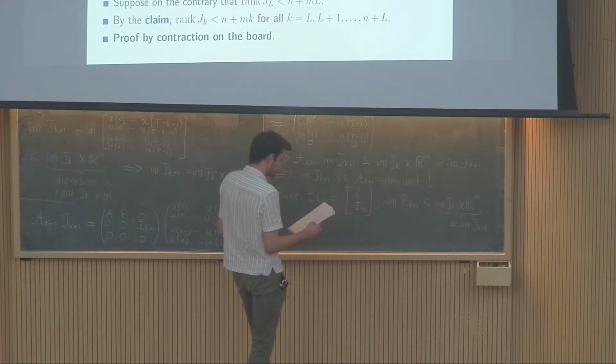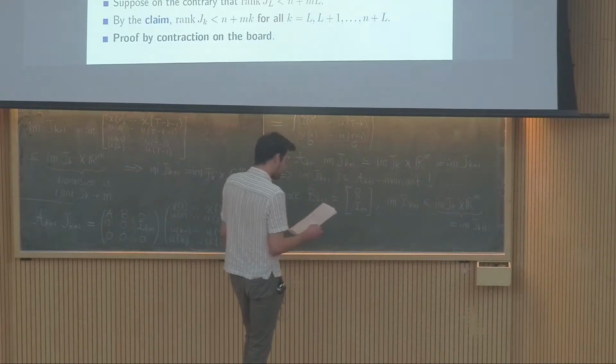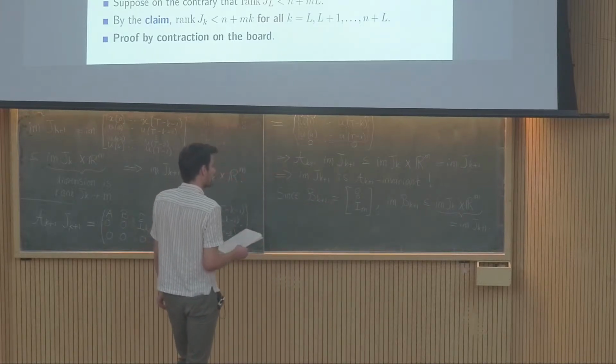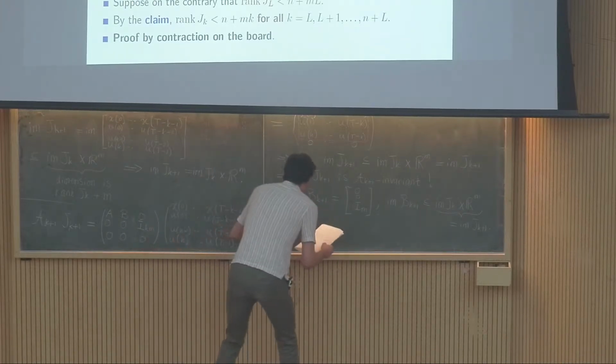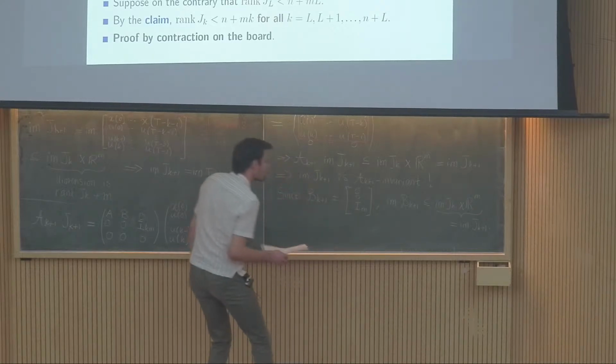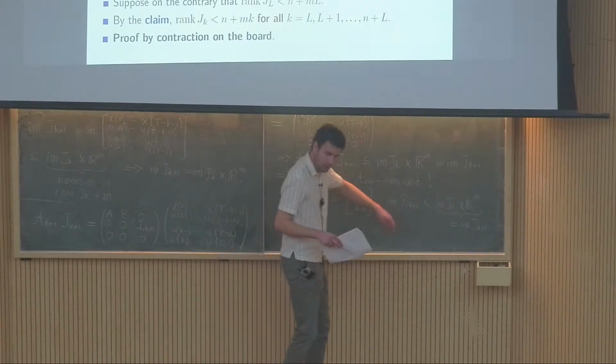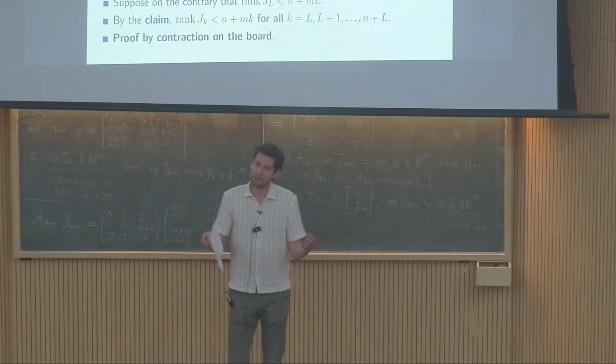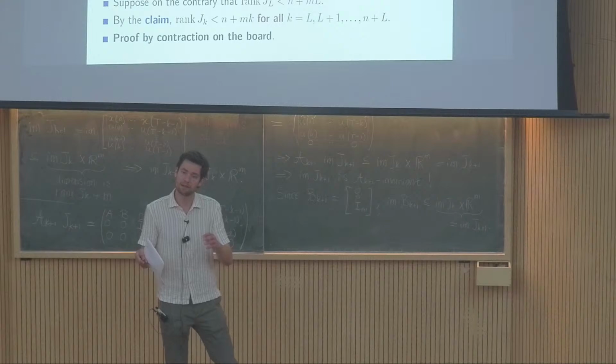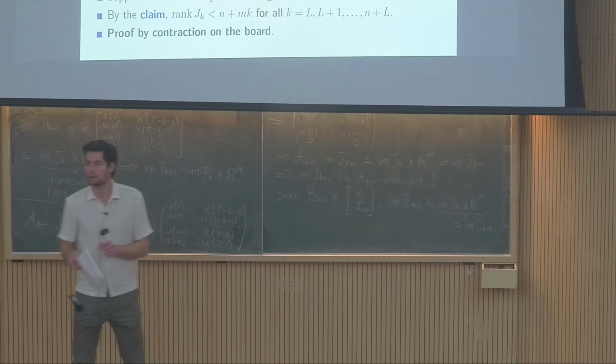Okay. So, this means that the image of JK plus 1 is an AK plus 1 invariant subspace containing the image of BK plus 1.